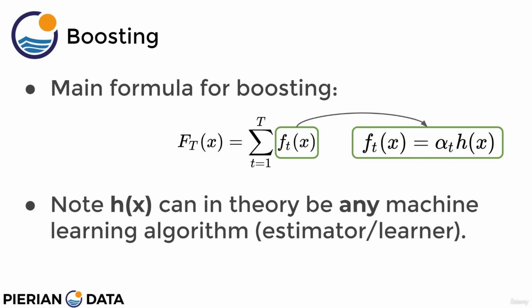Keep in mind that h of x in this particular instance can actually be any machine learning algorithm. That is, it can be any estimator or learner. Typically, you pretty much always see it as a decision tree because it ends up working really well for decision trees. You'll also notice that if you apply this boosting formula to other models, it will eventually resolve into another version of that machine learning model.